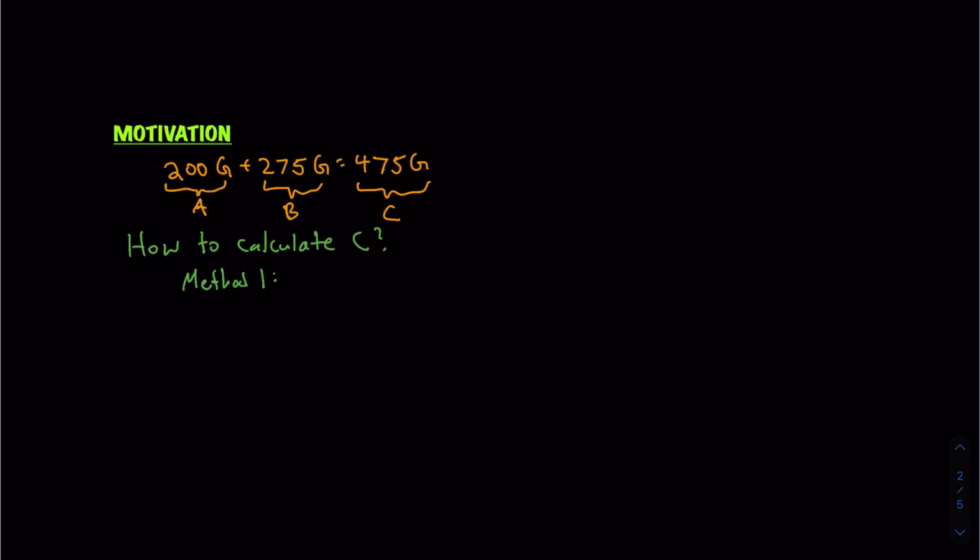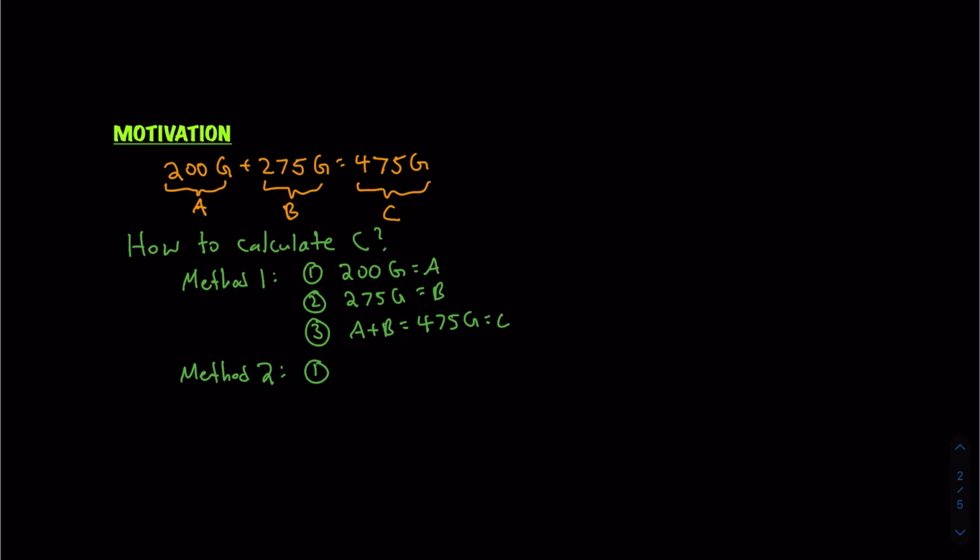I can either first calculate 200 times g equals A, then 275 times g equals B, and then do A plus B equals C. That's one way. Or I can first do 200 plus 275 equals 475, and then just do 475 times g equals C.